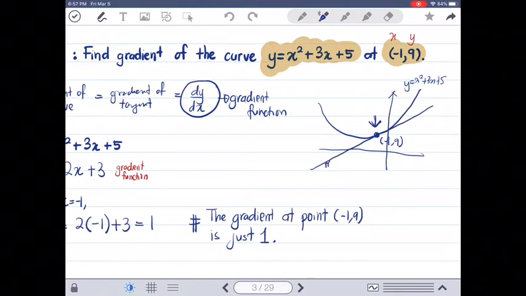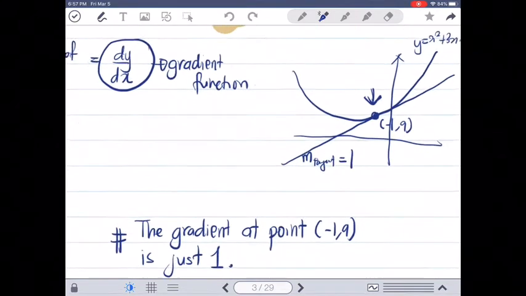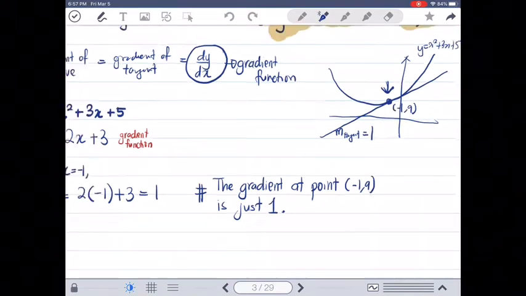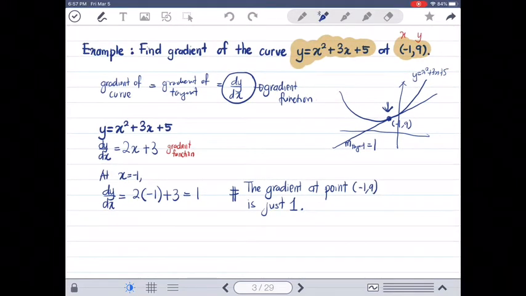So m of this tangent just equals to 1. So the steepness of that point is just equals to 1. So positive going up, negative going down.